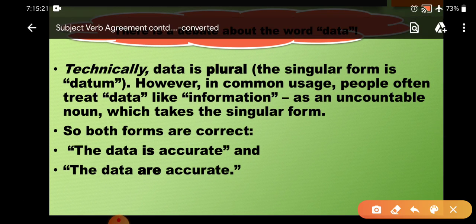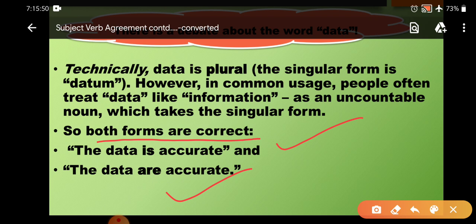Because of this widespread usage, in language it's about the day to day usage, and that is why language is so dynamic. It keeps on changing and modifying itself with the requirement of time. So these days both forms are correct. The data is accurate and the data are accurate.